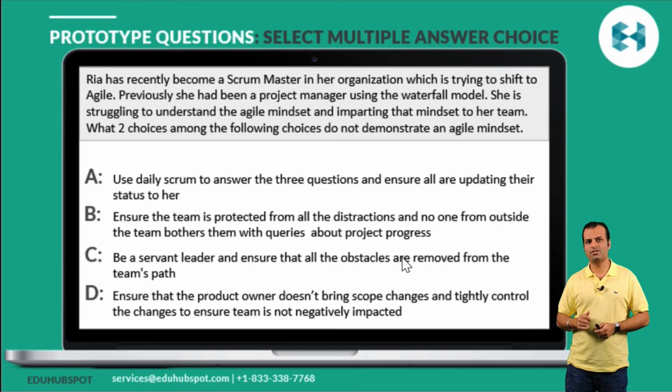Let's see this question. Ria has recently become a Scrum Master in her organization, which is trying to shift to Agile. Previously, she had been a project manager using the waterfall model. She's struggling to understand the agile mindset and imparting that mindset to her team. What two choices among the following do not demonstrate an agile mindset?